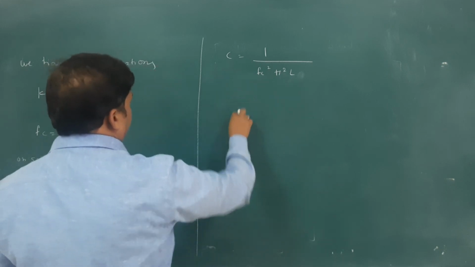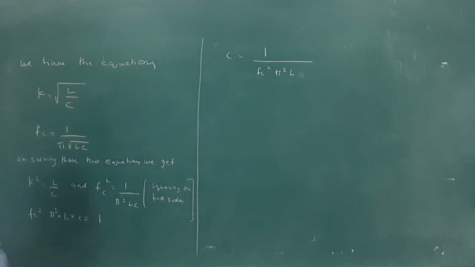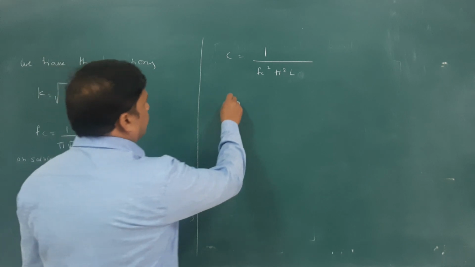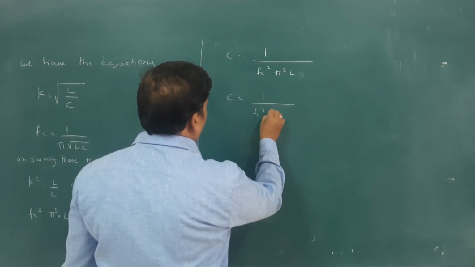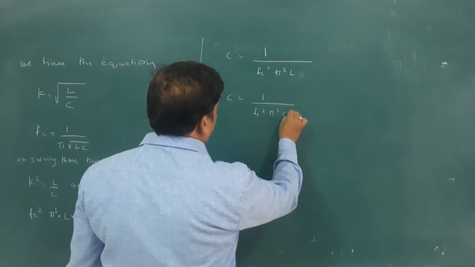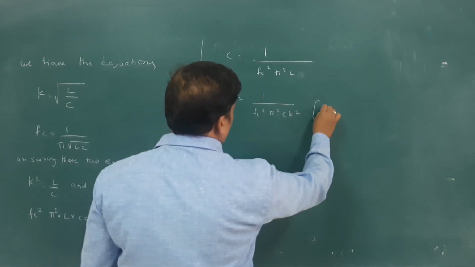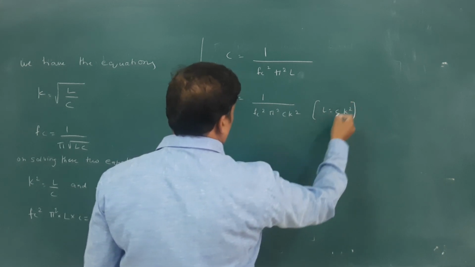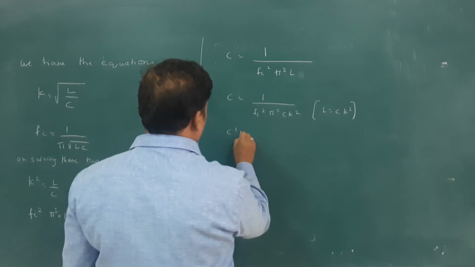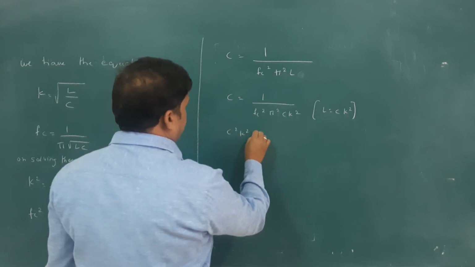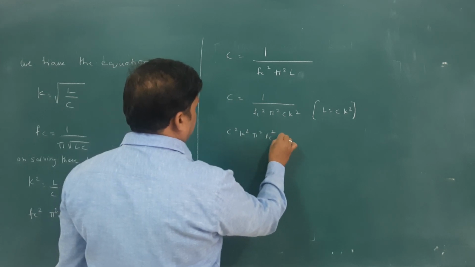Okay, this is one equation we have got, and from this equation we can get the value of C. What is L here? L is equal to Ck square. In the place of L, we write Ck square, and we get C square K square pi square fc square is equal to 1.